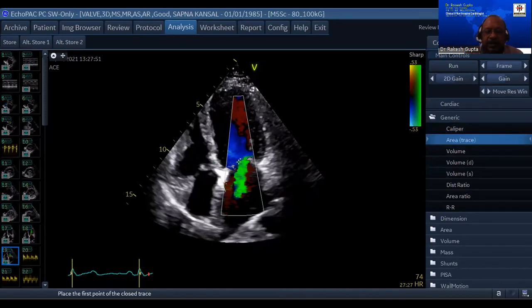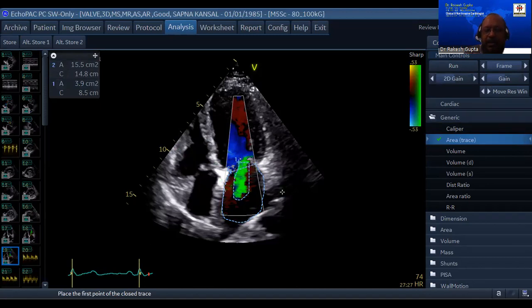It is 0.9 centimeters squared, and I'll measure the LA area. This is 15 centimeters squared, so let's presume this as 16, and the jet as 4. This is only 25% of the area of the LA.